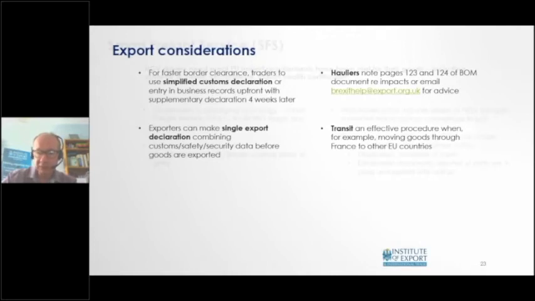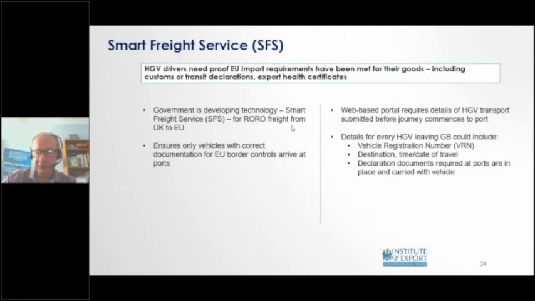So that's great. Next slide, please. There is reference to a smart freight service, SFS, and clearly a lot of focus around Kent. So the government is developing technology which will apply for ro-ro freight from the UK to the European Union. Clearly, it's not just Kent, but there's an emphasis on Kent. It ensures only vehicles with correct documentation for EU border controls arrive at ports.